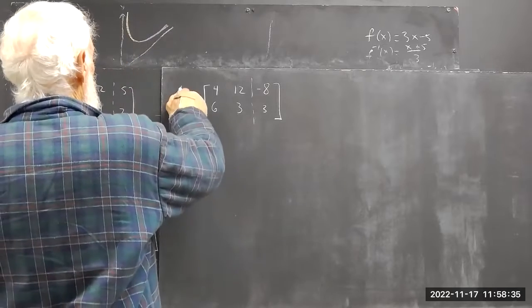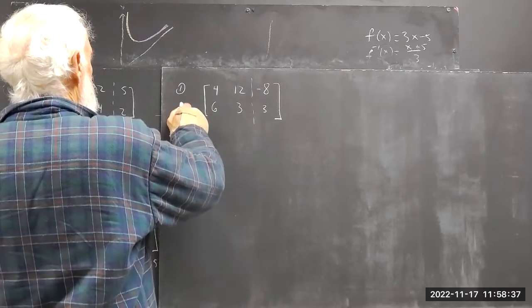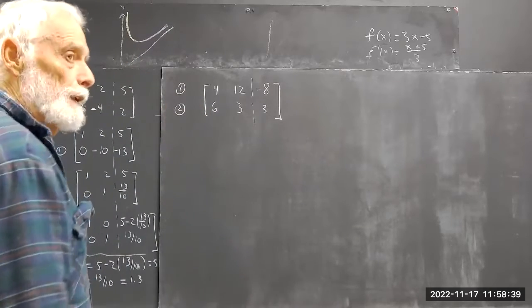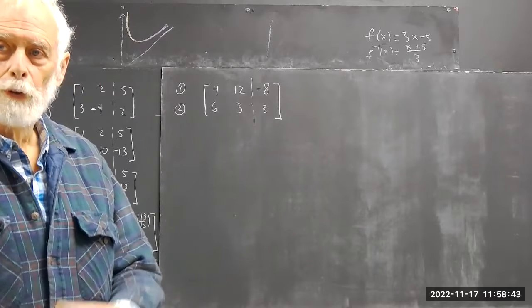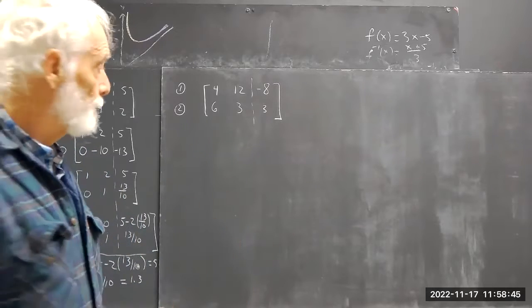These equations. Put your circled numbers to indicate the equation so you can indicate what operation you're doing on each equation.